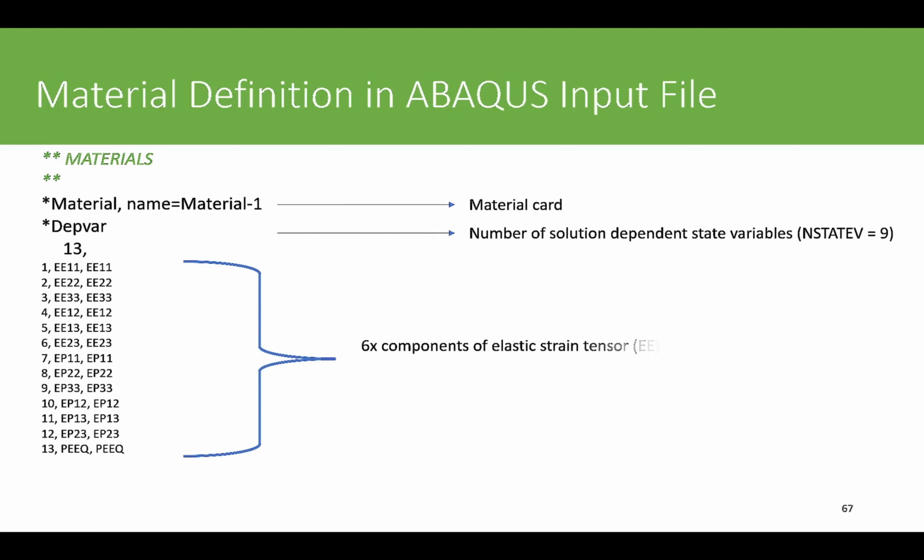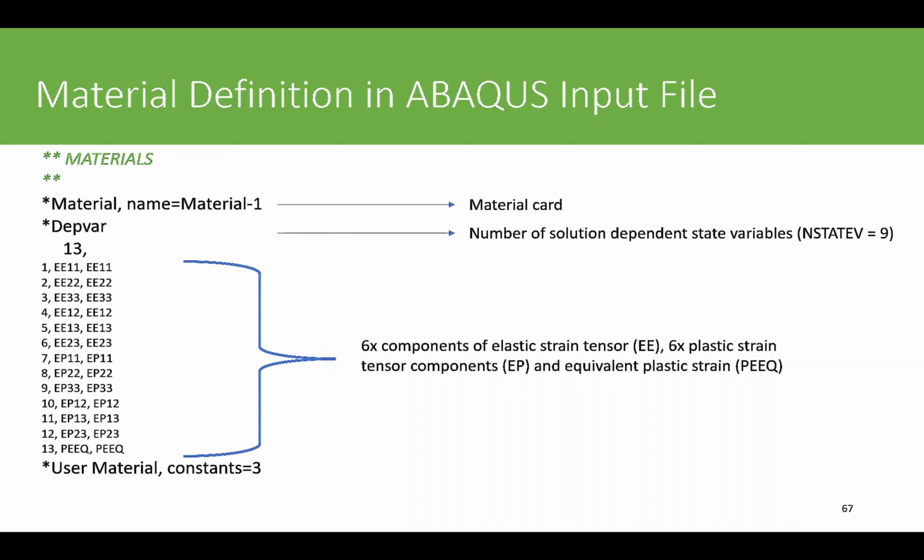Okay, then we are storing all these state variables into different variables. So I have given those values here. 6 components of elastic strain tensor, EE, 6 plastic strain components, which are EPs, and the PEEQ is the equivalent plastic strain, which is a scalar value.